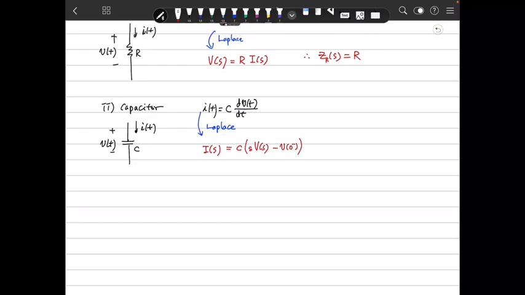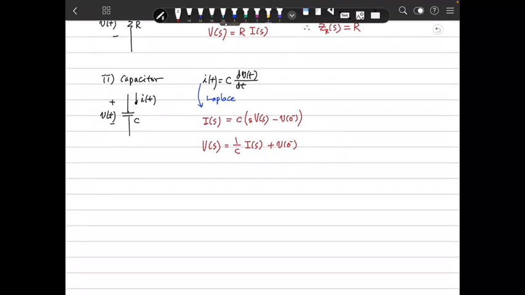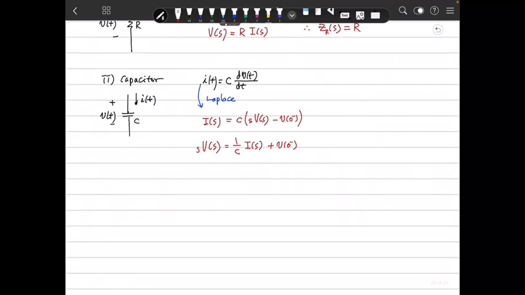So we can rewrite this for Vs as 1 over C Is plus the initial value of the capacitor. Oh no, we're missing s. Therefore, Vs is 1 over sC times Is plus 1 over s times the initial value.